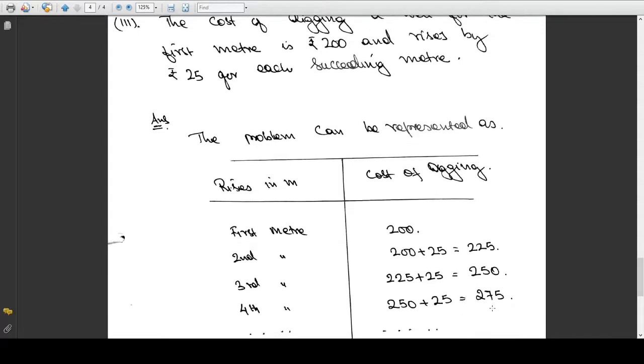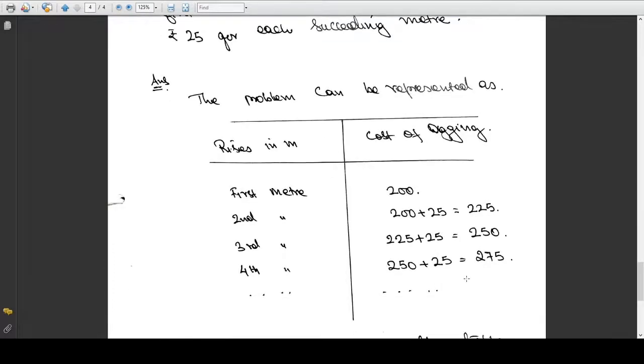For the fourth meter, the same thing: 250 plus 25 more is 275. Thus the numbers progress this way: first 200, second 225, third 250, fourth 275. The fifth will be 300, and so on. It will go on increasing in this way.